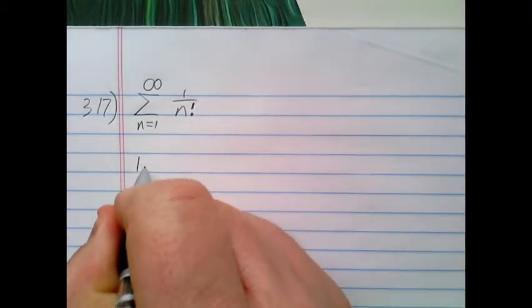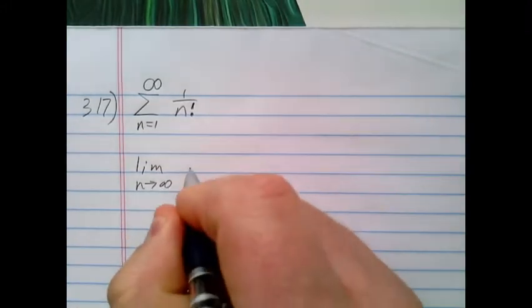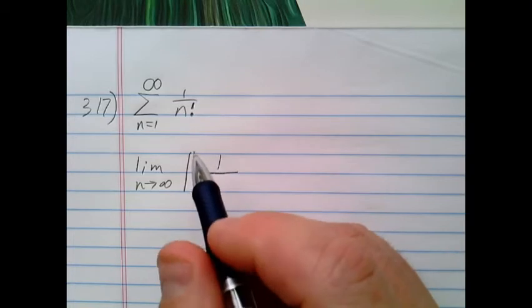To apply the ratio test, we would take the limit as n goes to infinity. Now remember, we put the ratio in an absolute value, and then we start with the n plus 1 term.